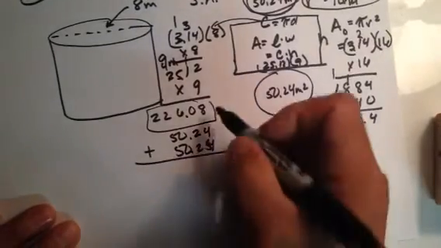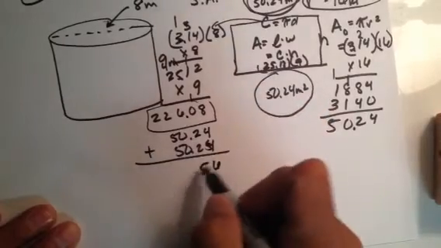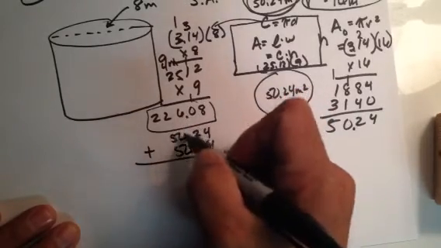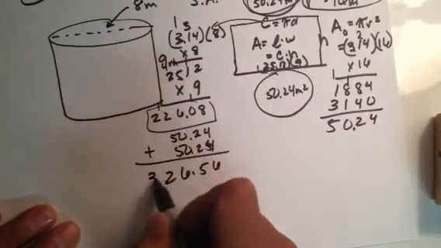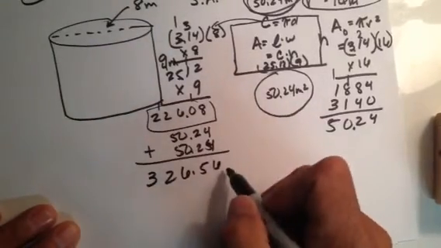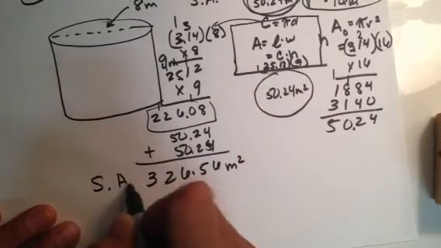So your surface area is going to be 8 plus 8, 16, that's going to be 5. Here's my decimal, that's going to be 6, that's 10, 11, 12, carry the 1. So 336.56 meters squared is your surface area.